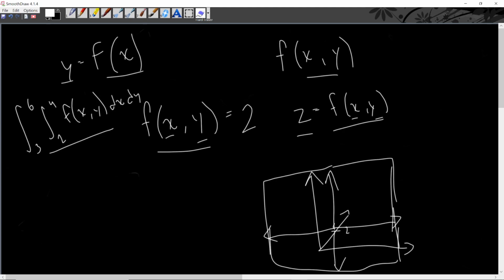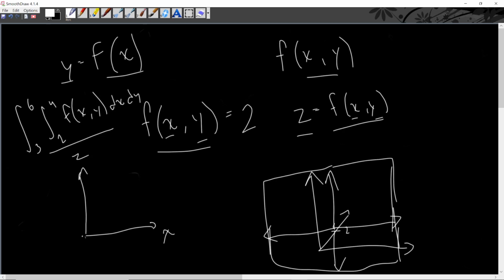And then on the z-axis, let's try and draw that. Let's do a top view. If this is the z-axis and say this is the x-axis, you are looking directly.